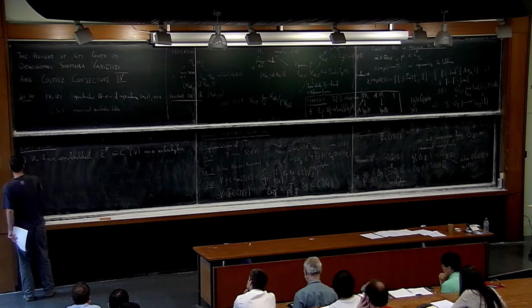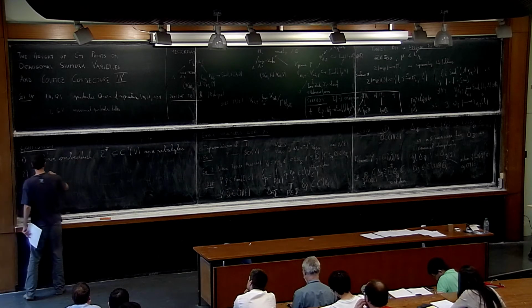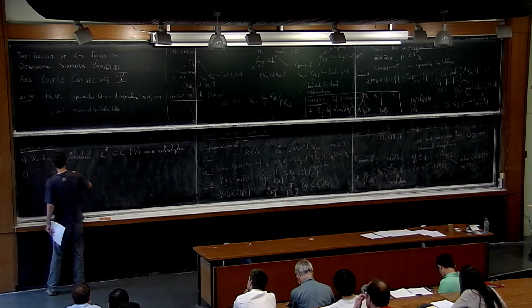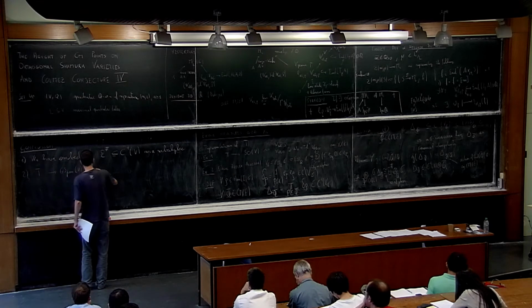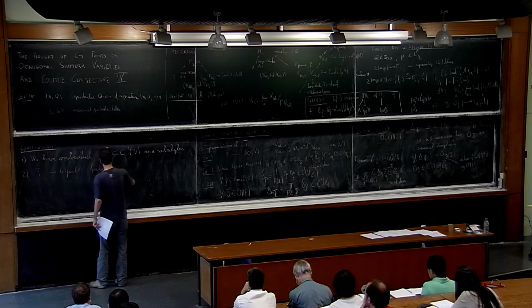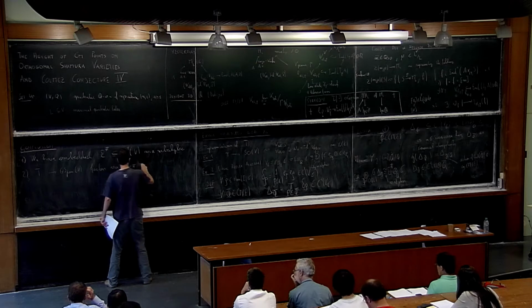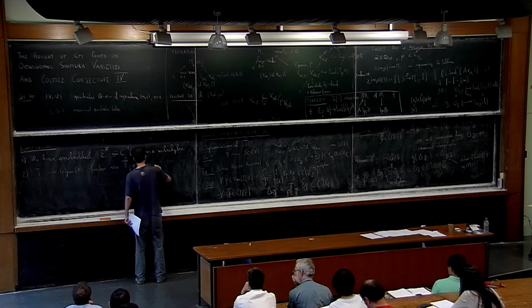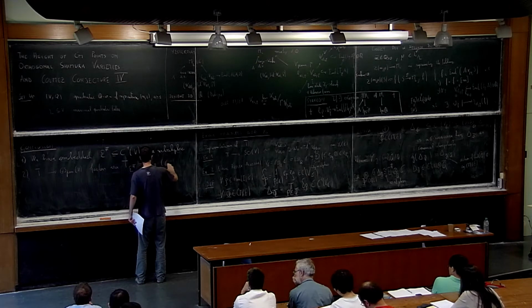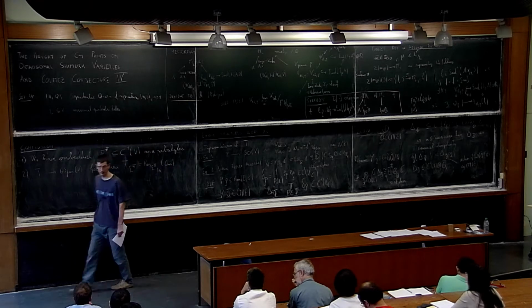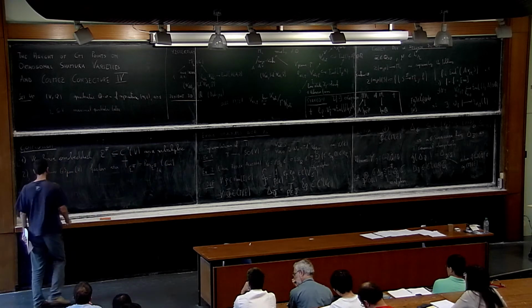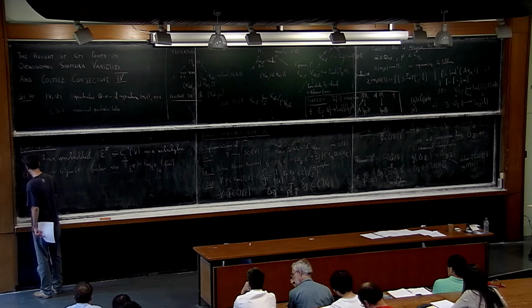Two, the map from T to G spin V factors via the torus associated to the total reflex algebra. Why?